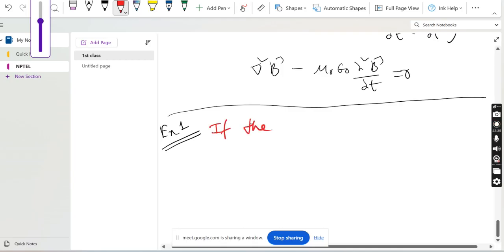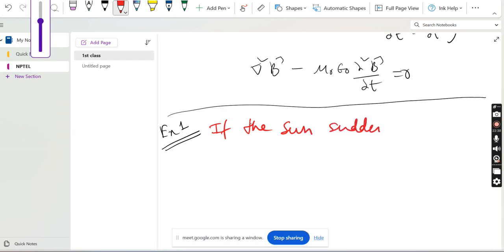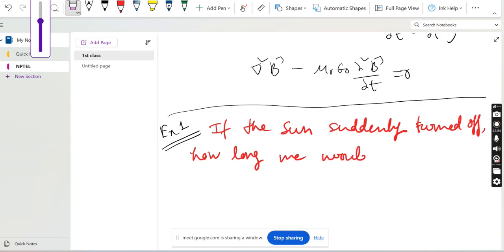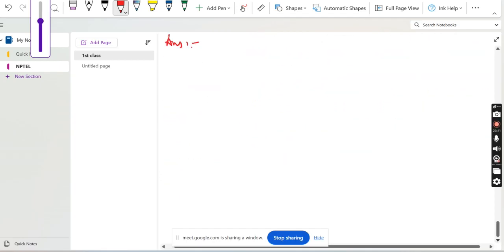If the sun suddenly turned off, how long would it take for us to know? We know that the light from the sun takes some time to reach Earth.